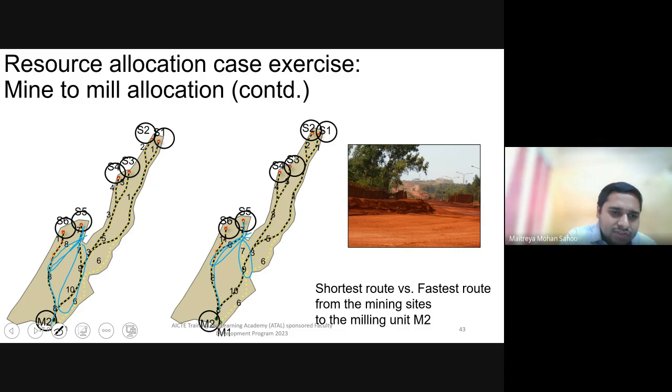The shortest route is along this direction, the right hand side direction. So comparing both of the cases for all the mine sites to each of the milling units M1 and M2, we observe that the speed factor for each of the haulage routes is affecting the route assignment from which the dumper trucks can go from the mine sites to the milling units.